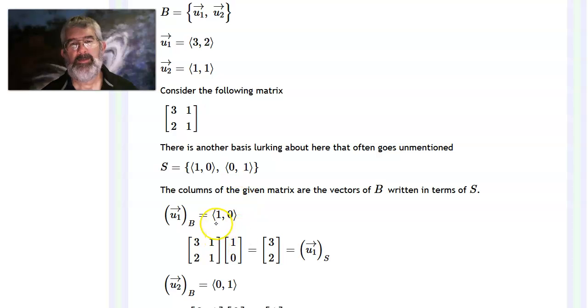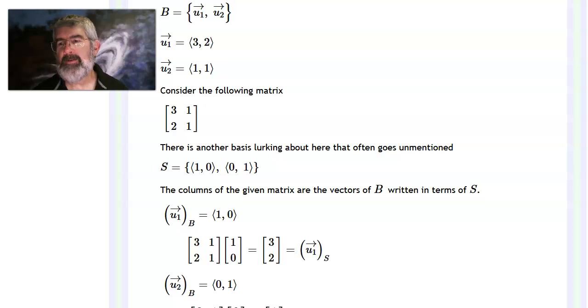So with respect to basis B, the coordinates of u1 are (1, 0). If I take (1, 0) and multiply it by this matrix, I get (3, 2), which is the coordinates of u1 with respect to the standard basis. So multiplying by this matrix converted this vector from basis B coordinates to basis S coordinates.